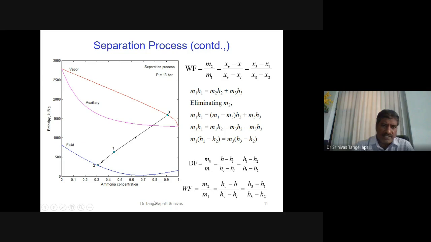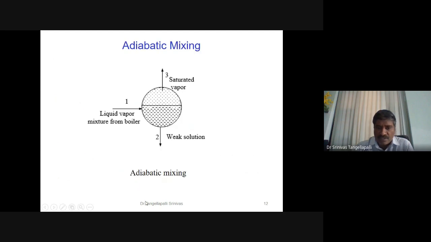This is drawn for one particular pressure only, but once you combine all the pressures, the length of the chart will increase. That's why you have to use a proper scale; a short scale may not be sufficient. So XL is equal to X2 plus dryness fraction into (X3 minus X2). Similarly, in terms of enthalpy also you can define. So that is the formulation of the separation process.